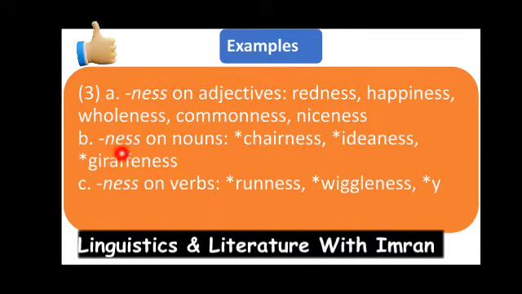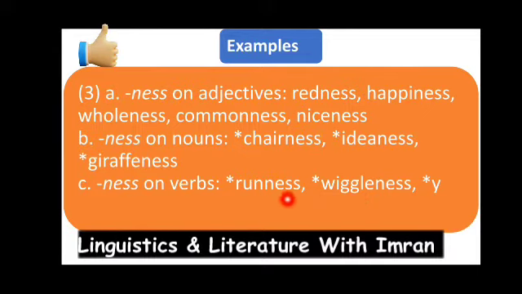You cannot add "ness" on nouns, but you can add "ness" on adjectives to make nouns, right? Similarly, the rules tell us that you cannot attach the suffix "ness" on verbs. Like we have a verb that is run. You can't say runness. You can't say wiggleness, right? So that's not possible. So these are the rules.